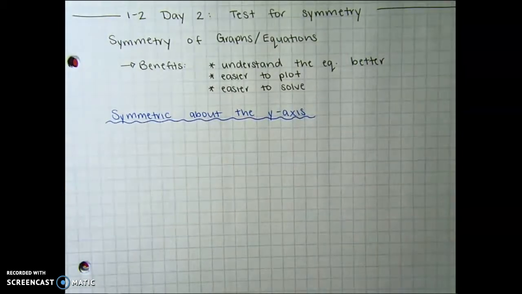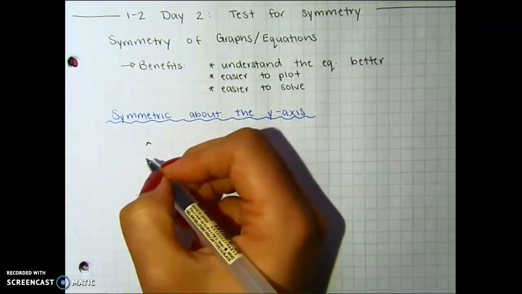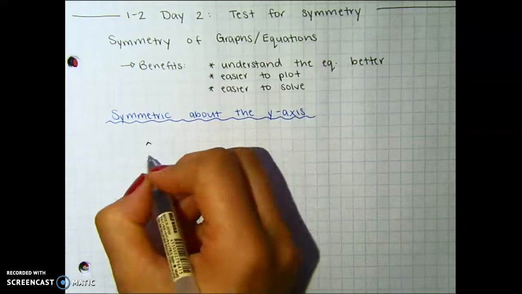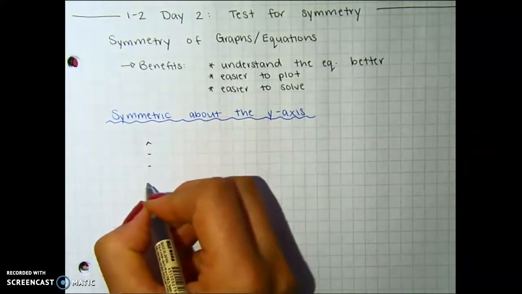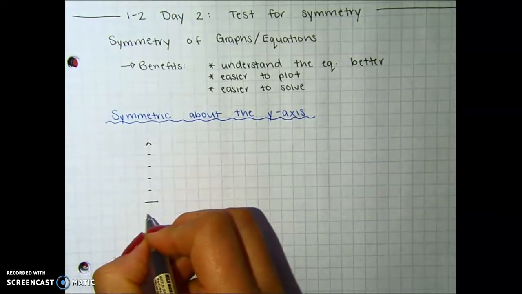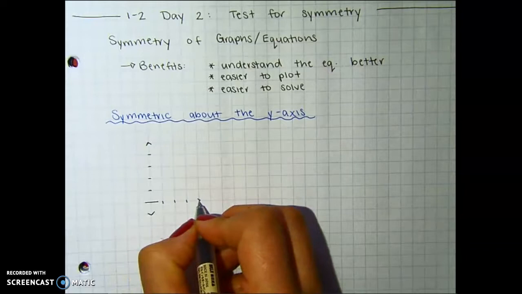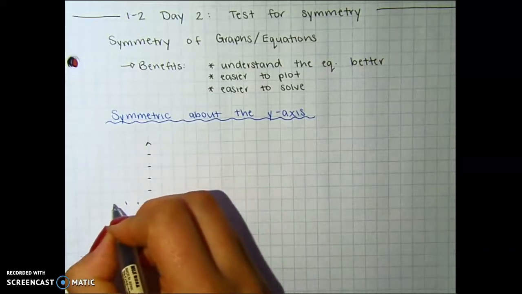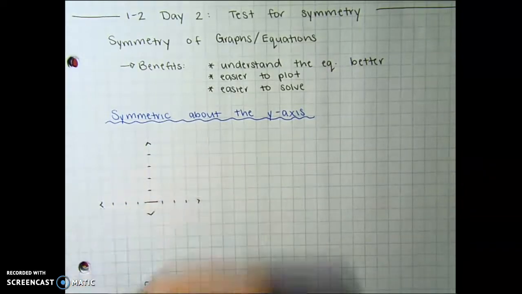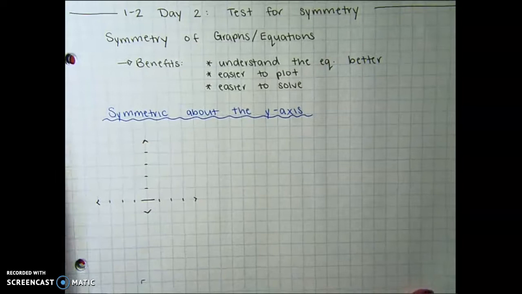So an example of that, let's make a little quick graph. I'm going to go up to 4. Let's make a little parent of a quadratic. Okay, so quadratic, oh, I didn't actually finish making my graph.